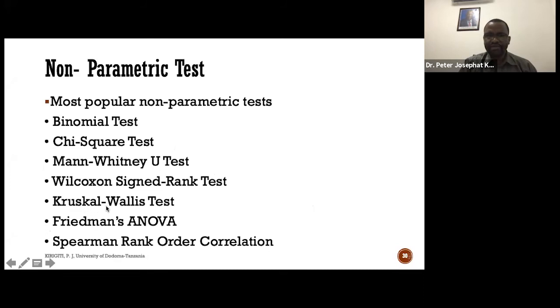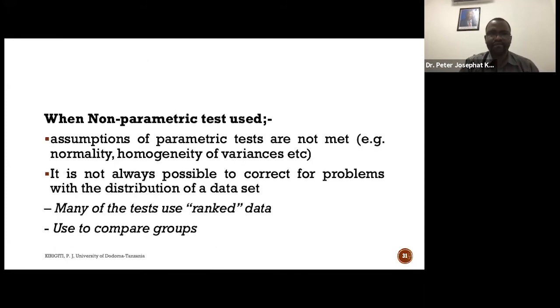You want to adapt the Kruskal-Wallis test. You want to adapt the Friedman ANOVA. So before adapting these statistics, there must be consideration of the nature of the variables, whether you have numeric or non-numeric.